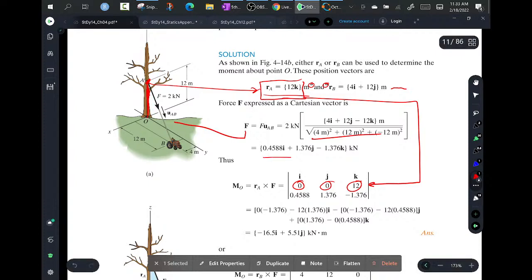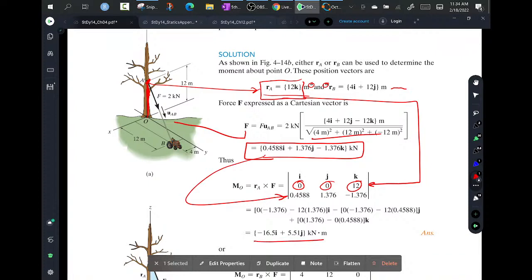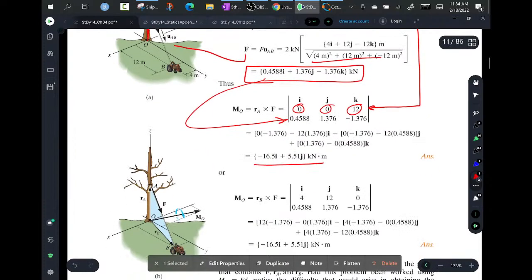Then he takes the vector, which he found a minute ago, sticks it straight in here, and he gets the moment.